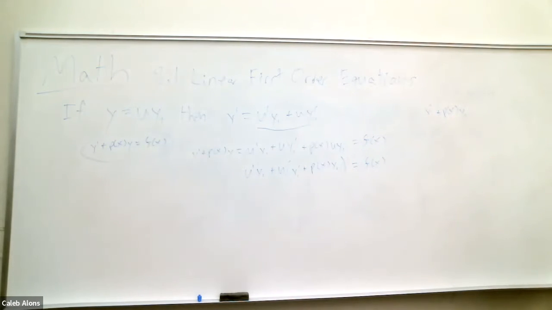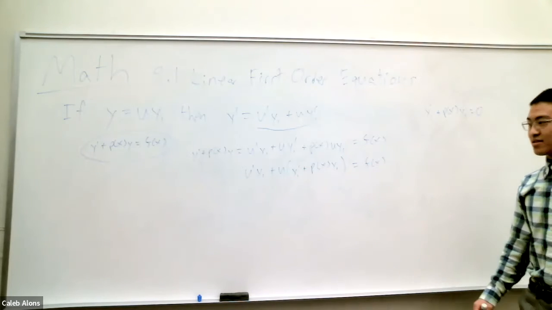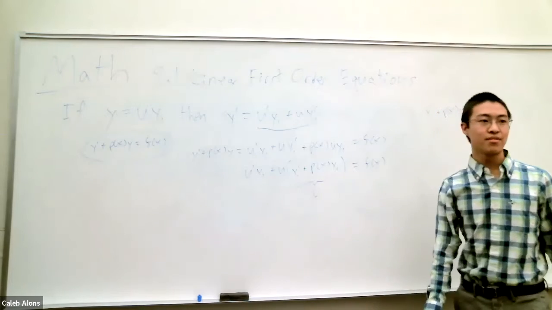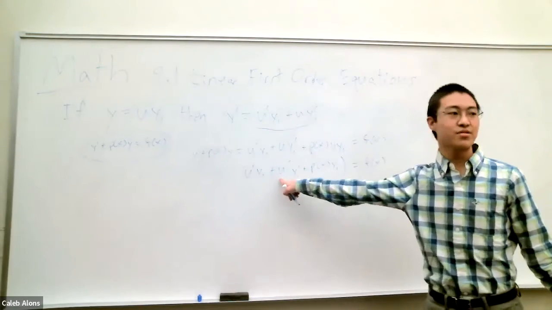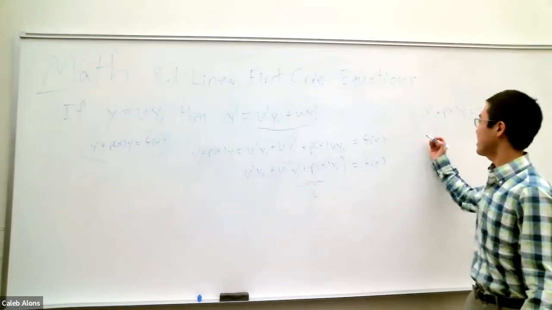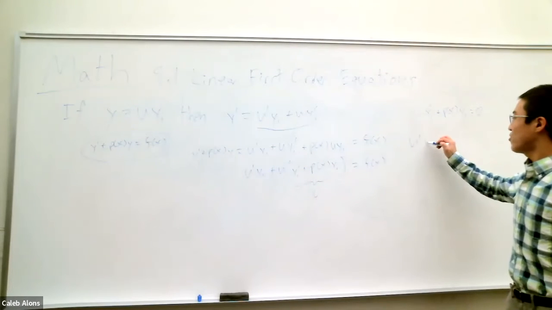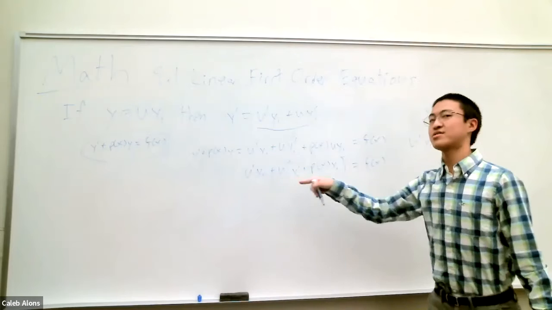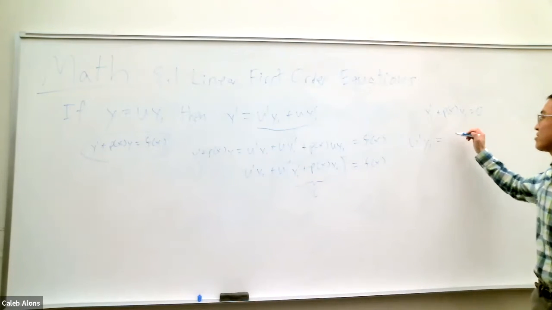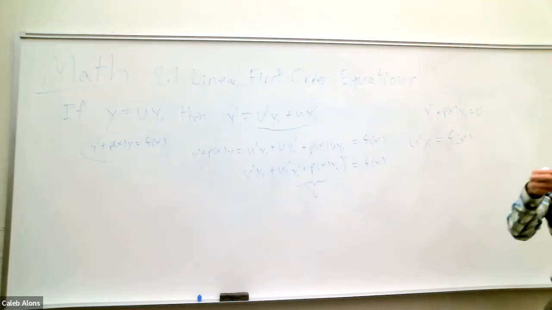We're assuming that y1 is the solution to the complementary equation, so this is 0. And 0 times u is 0. So we have u prime y1 plus 0 equals f of x.